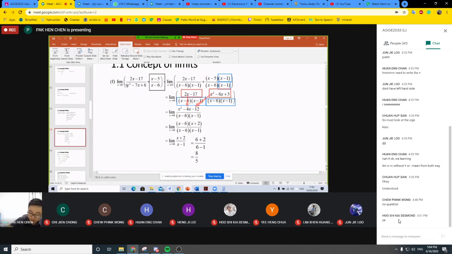Okay, again, if I check, the factor that will make it 0 will be X minus 6, isn't it? Then I will say that this numerator is supposed to have X minus 6 as a factor as well. So I will factorize again to get X minus 6, same as the denominator side, to do the simplification. Once I simplify it into the latest function of X plus 2 over X minus 1, at this point, you can substitute 6 into this.